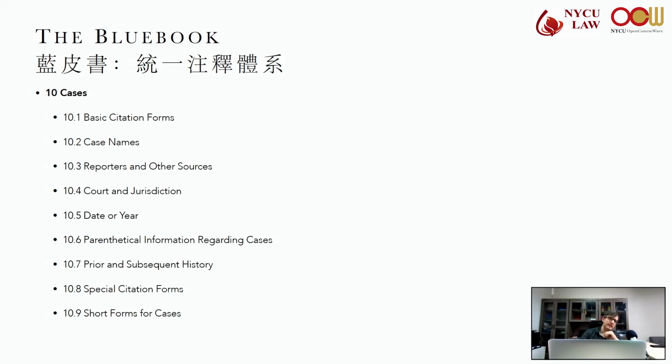This should be indicated in a parenthetical at the end. So in 10.8.2, this is the Fifth Circuit split. Back in the 80s, the U.S. Court of Appeals for the Fifth Circuit was divided into the Fifth and 11th Circuits. Be sure to look at 10.8.2 for information relating to that split.